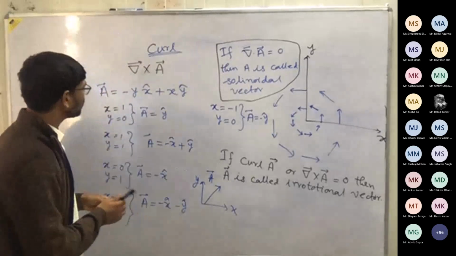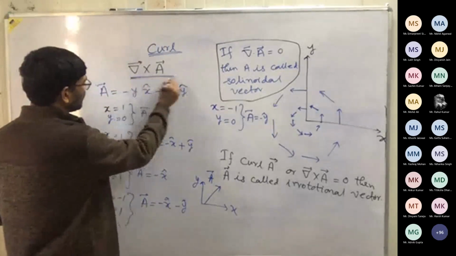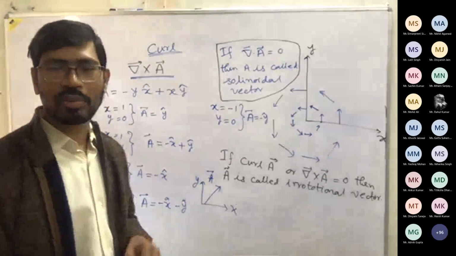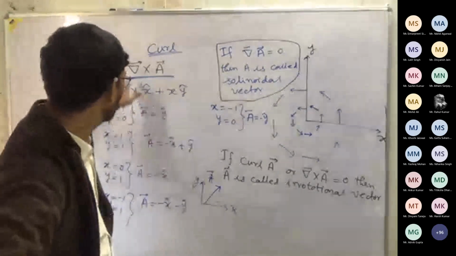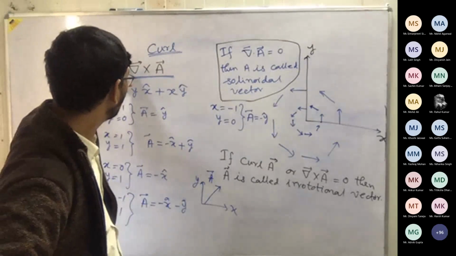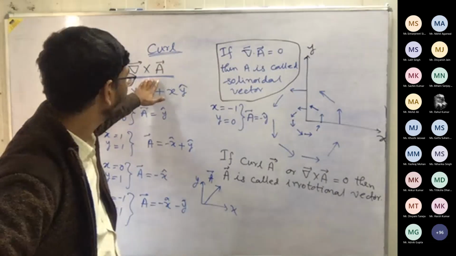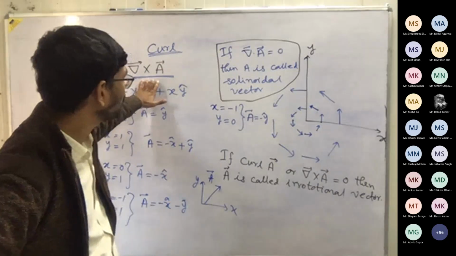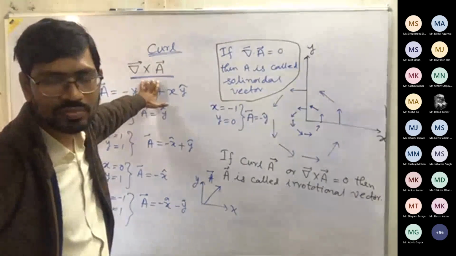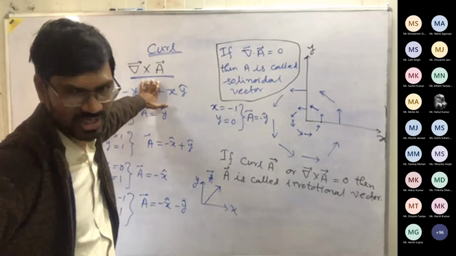So one related thing I am missing: what will be the curl of A? Sorry, the direction of the curl of A, which is a vector quantity. What will be the direction? Right hand thumb rule. Yes.